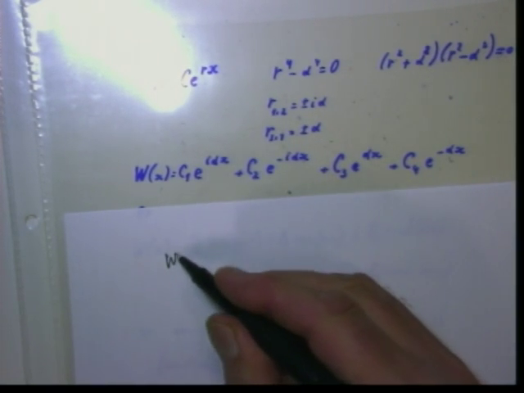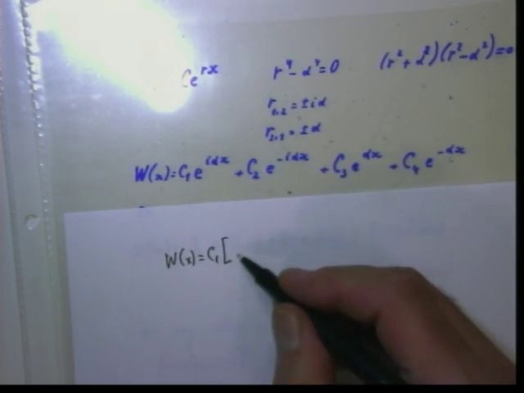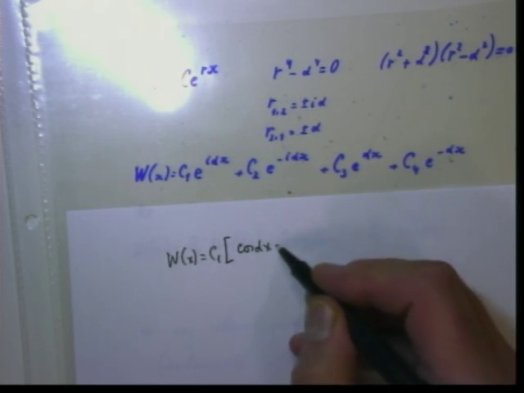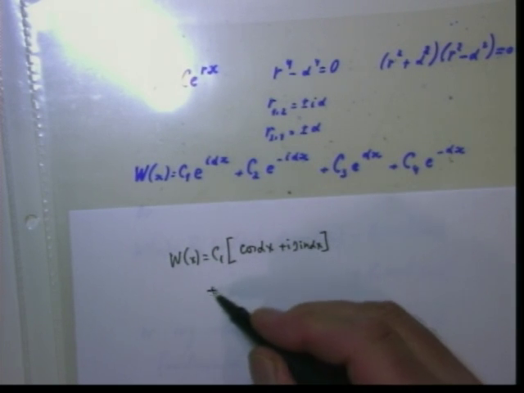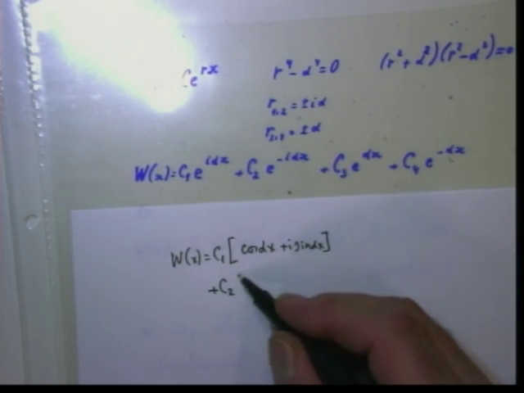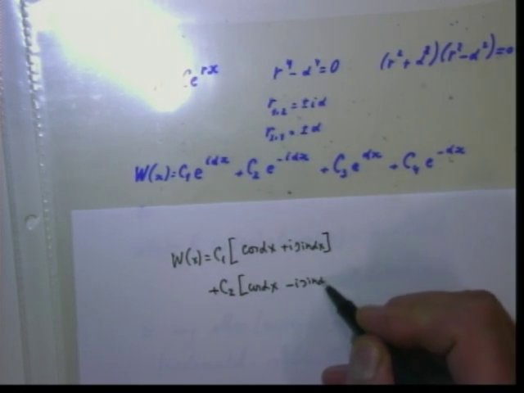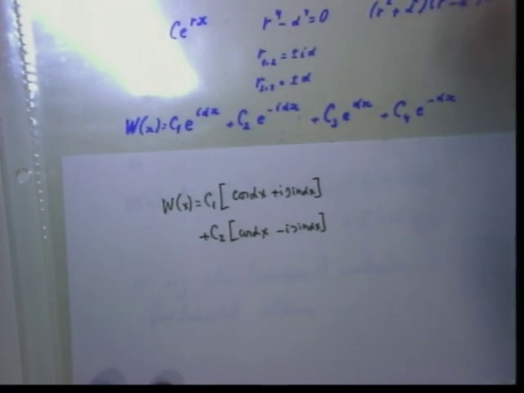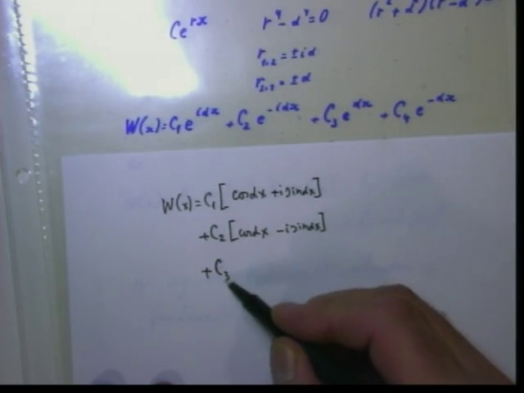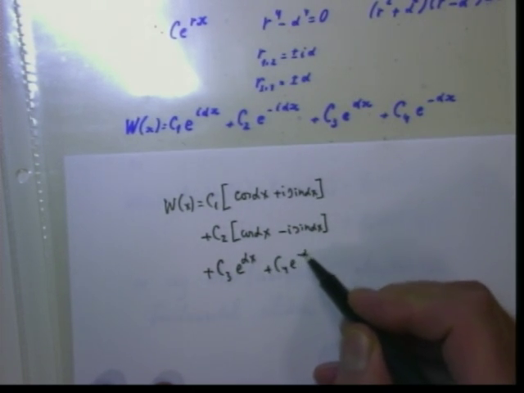We will have W of x equals C1, now I'm using Euler's formula, cosine alpha x plus i sine alpha x, plus C2 cosine alpha x minus i sine alpha x. Now plus C3, okay, let us leave this C3 first, e to the power alpha x plus C4 e to the power alpha x.